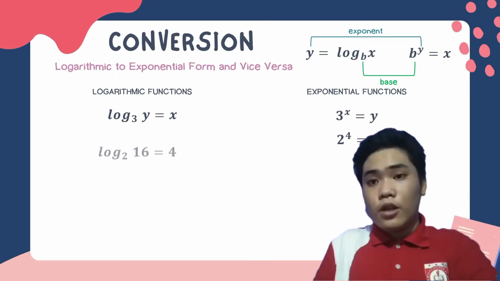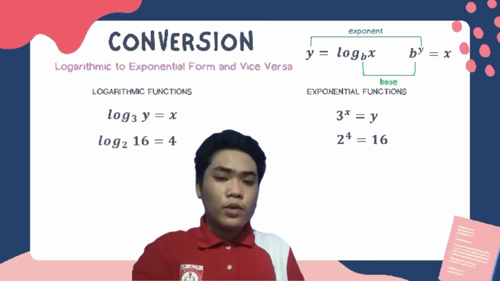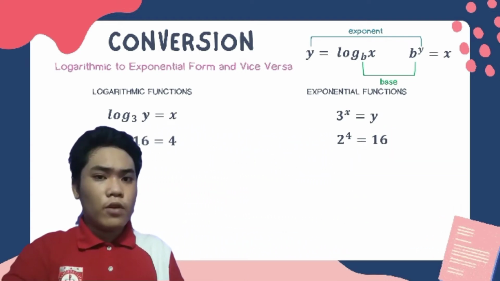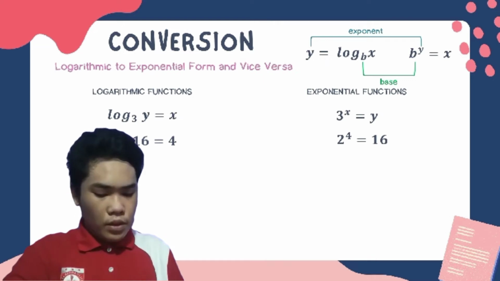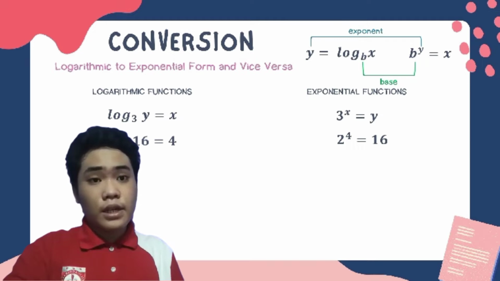Next one is log base 2 of 16 equals 4. Now, if you express it in exponential form, it will be equivalent to 2 raised to 4 equals 16. The same process as earlier.